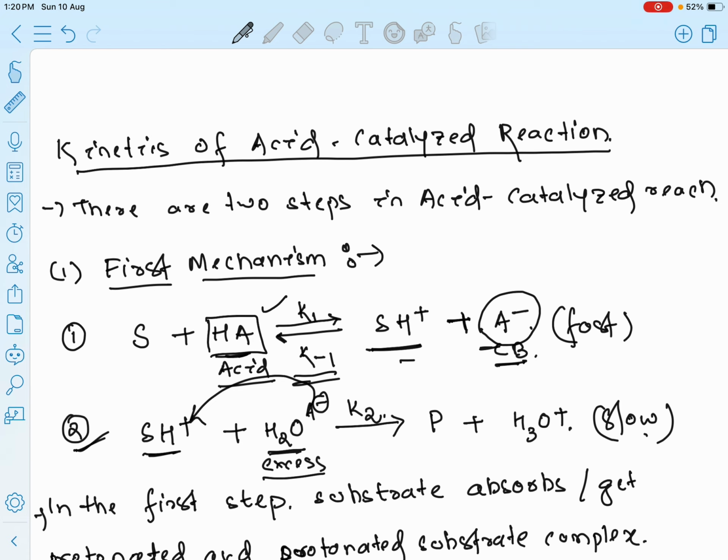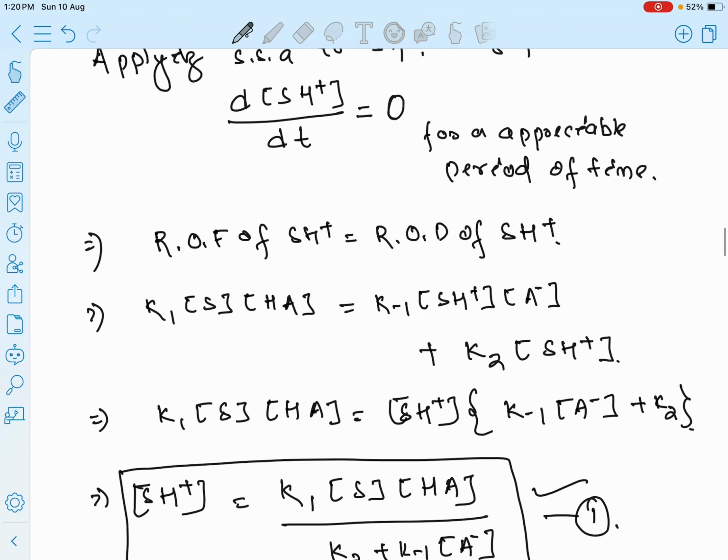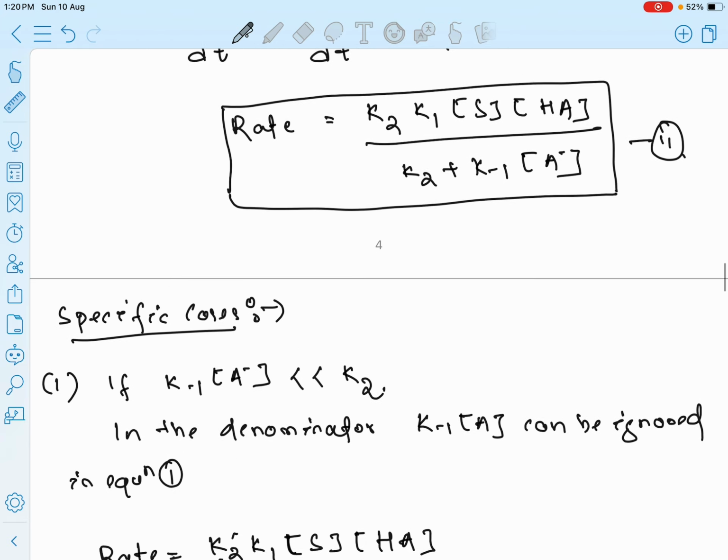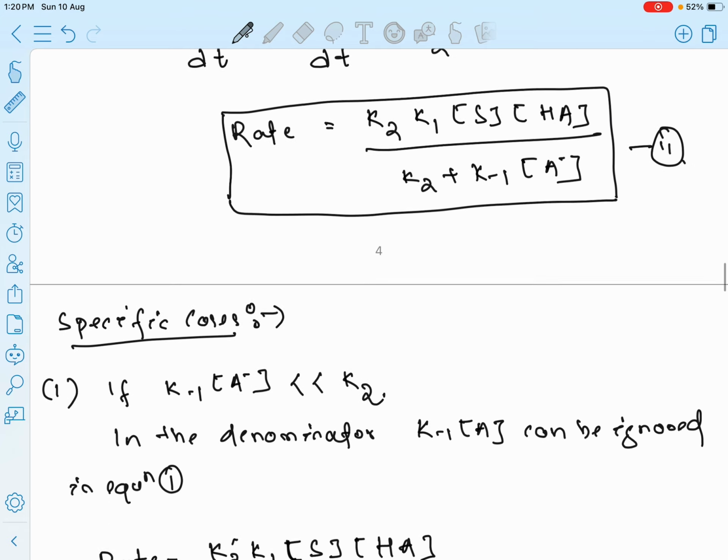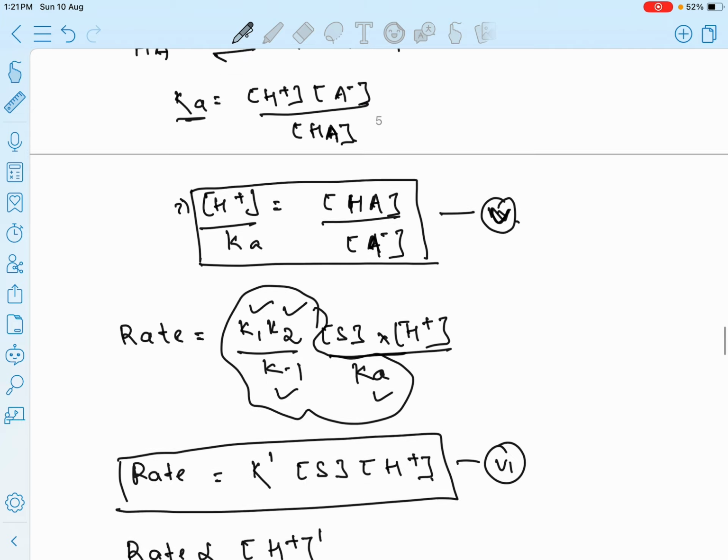So there will also be a conjugate base and acid pair if we talk about the base catalyzed reaction. Similar types of expressions can be found by the same method which we discussed in the last class and today's class.